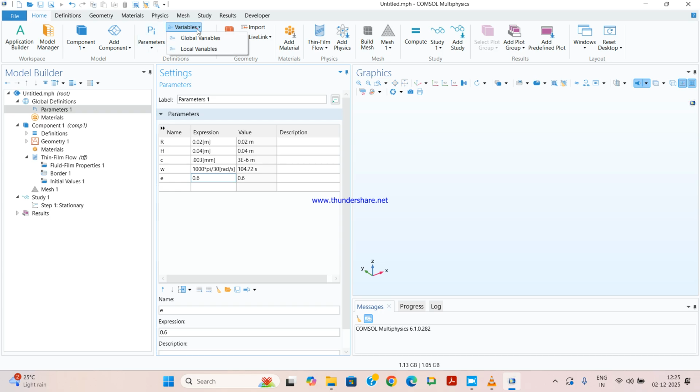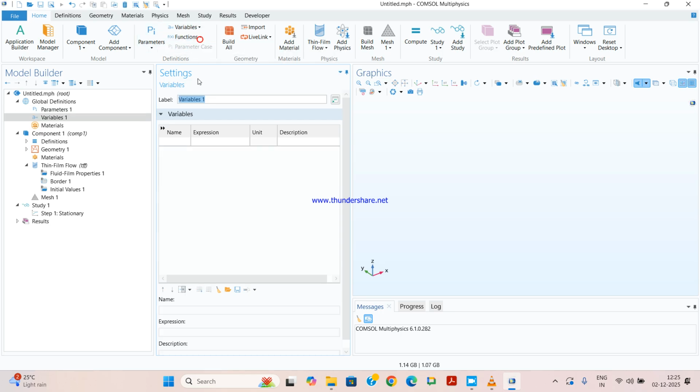Then I'll define the variables. Here first the angle. For any point, the angle will be tan inverse y by x, so atan2(y, x). This is the syntax, nothing else, and this will be in radians.